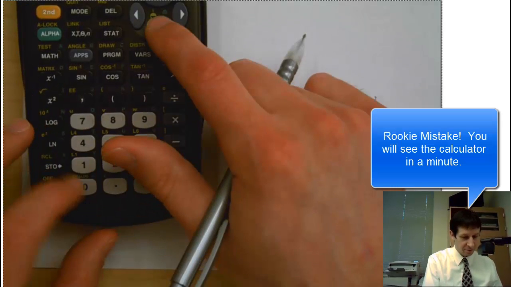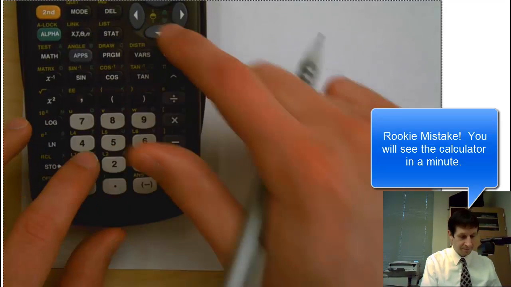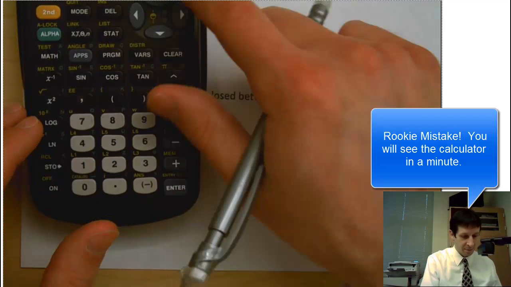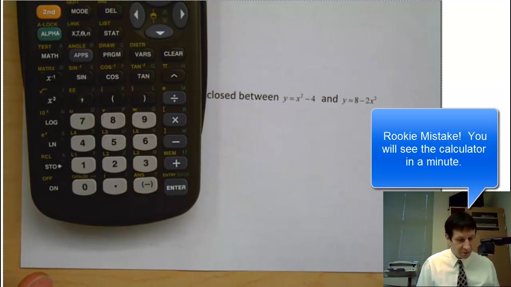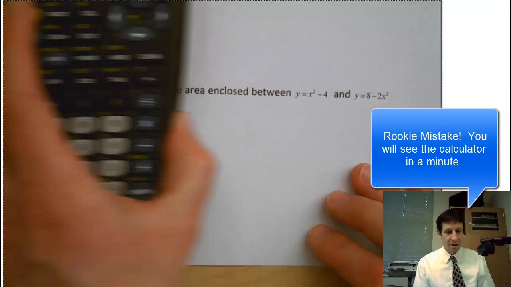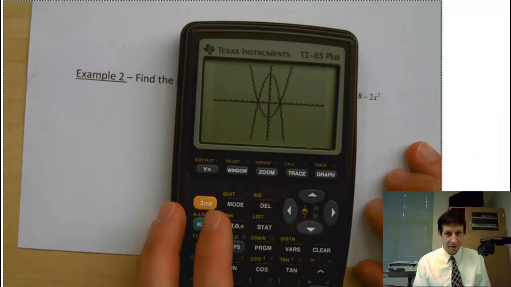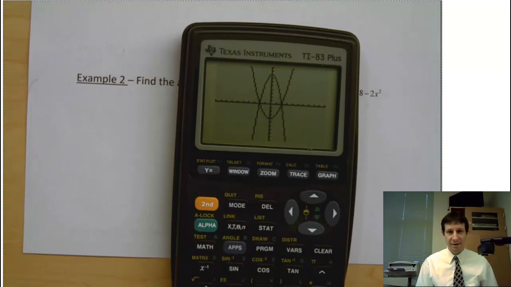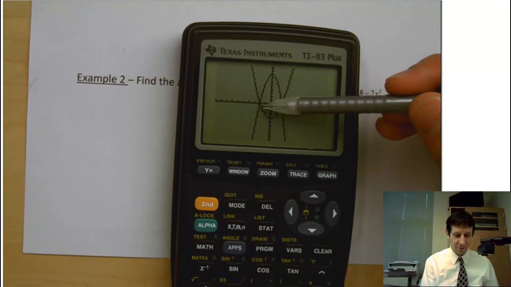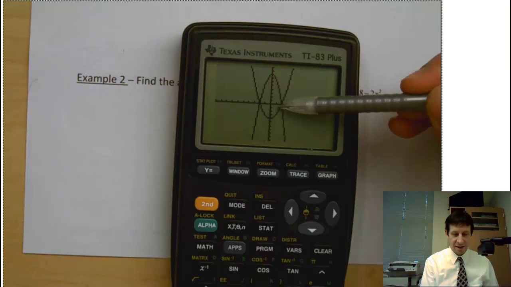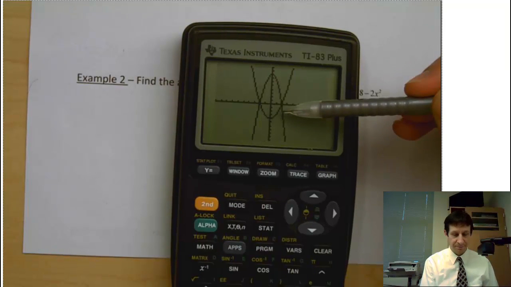Just do a standard window here. There's a parabola opening down, and sure enough, the parabola opening up. So what we're really looking for is this area in here.